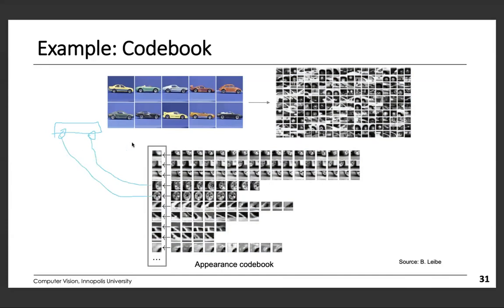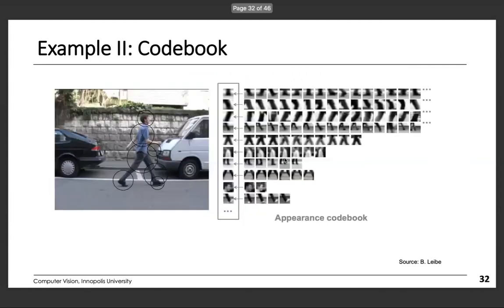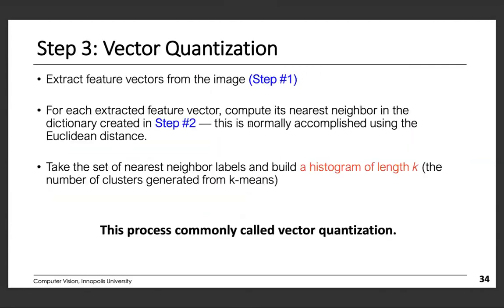We will compare each individual feature in here to the closest word in here, using basic Euclidean distance, right? Based on basic Euclidean distance, we will associate every single extracted feature vector with its nearest neighbor in the dictionary that we created in step 2.